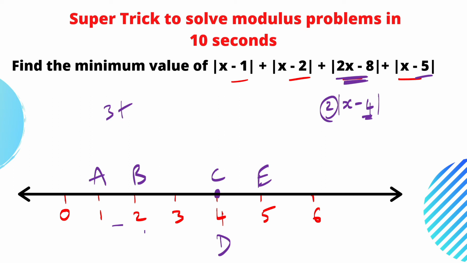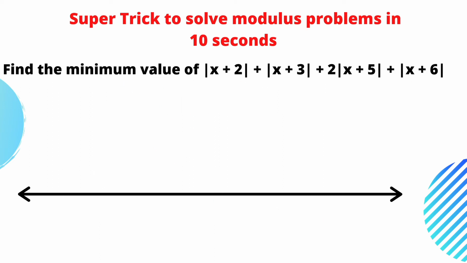B is covering from 2 to 4, it is covering 2 units. C and D are at their own places, so C is covering 0 units, D is covering 0 units, and E is covering from 5 to 4, it is 1 unit. So what is the total? 3, 2 and 1, 6 units. So 6 units is the minimum value here.